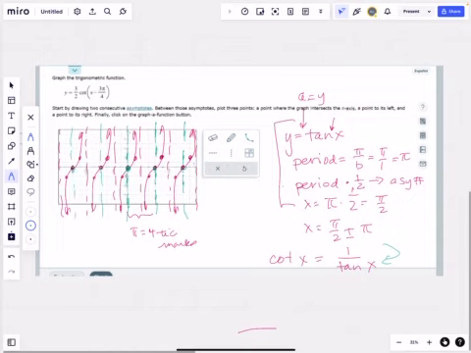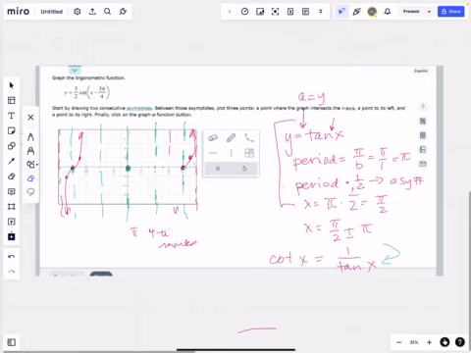So I'm going to replace all those x-intercepts with asymptotes. I'm going to clean this up a little bit, get rid of the old asymptotes, and get rid of that x-intercept too, because now this is what we have as far as asymptotes go.